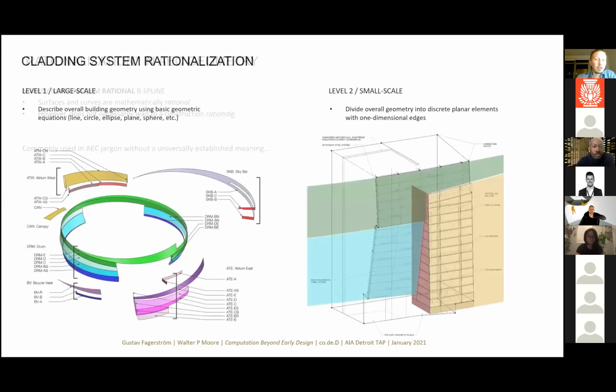So in the case study of this project, the Golden State Warriors Arena, you might think of it as two different levels of rationalization.